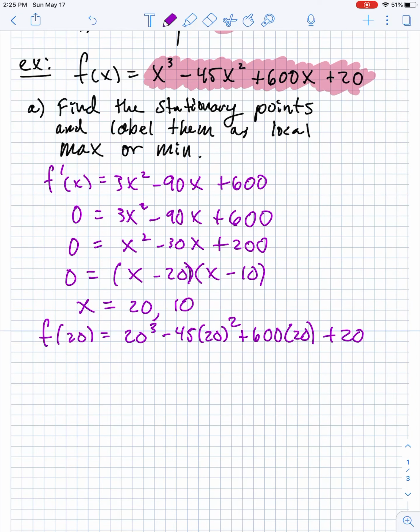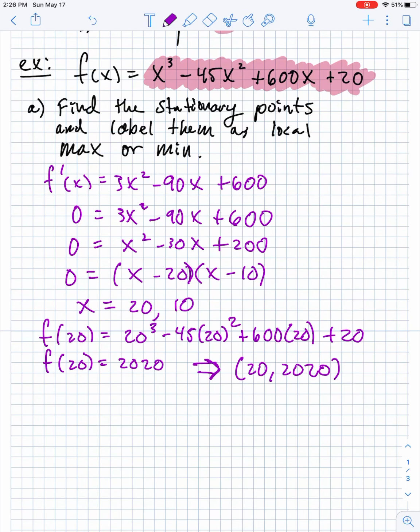So that's, oh, it's 2020. Hey, the craziest year ever. So f of 20 equals 2020. So that means that the coordinate of a stationary point is (20, 2020).